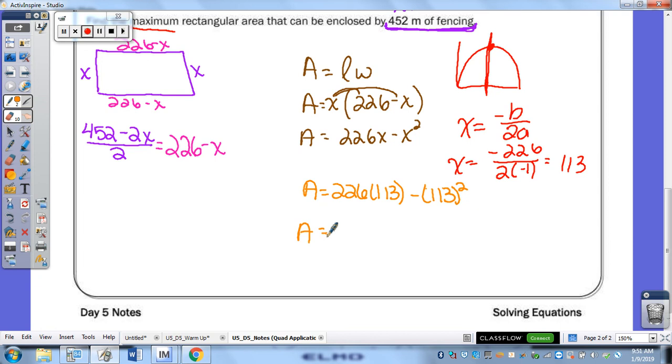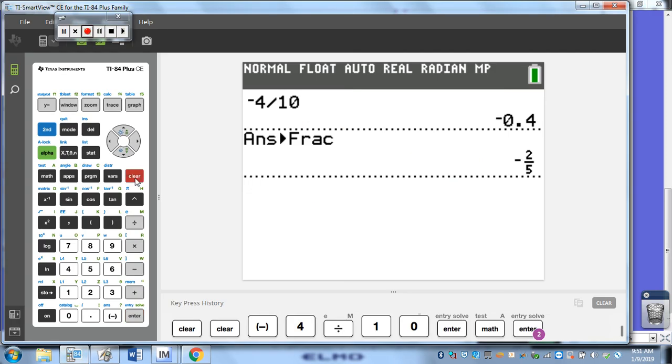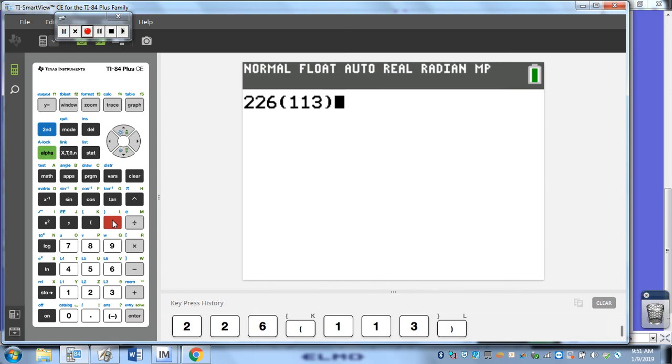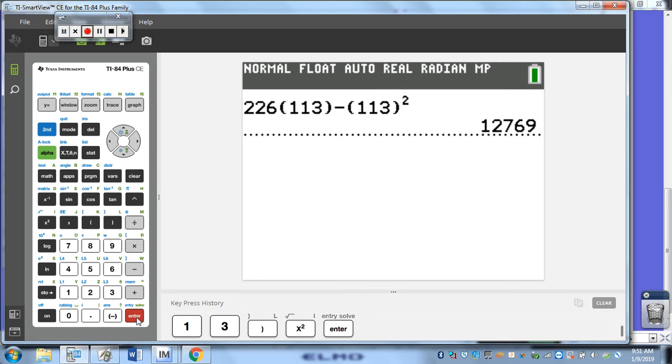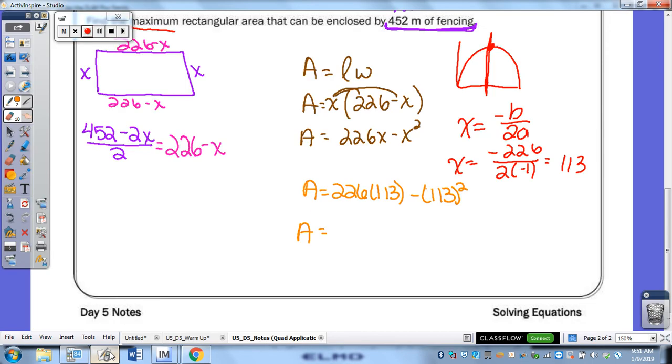Go ahead and multiply this. 226 times 113 minus 113 squared. That would be meters squared. 12,769 meters squared would be the maximum area that they could possibly find.